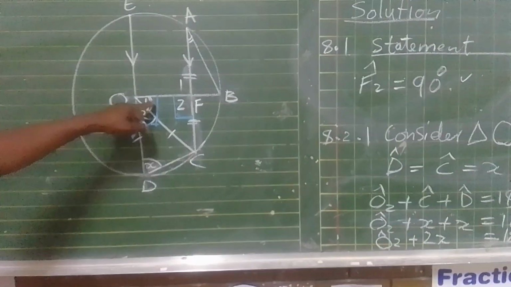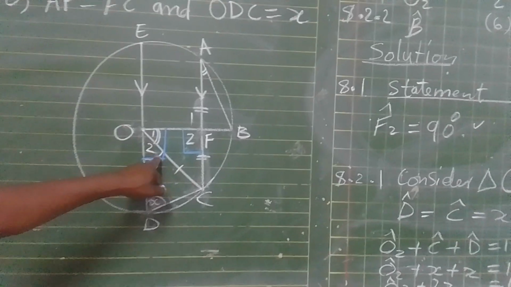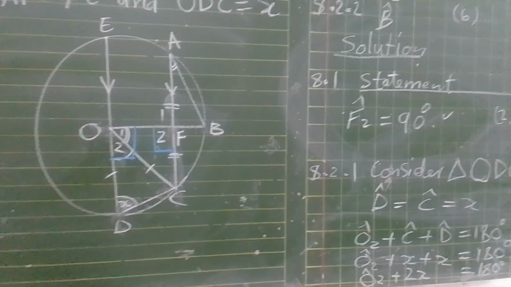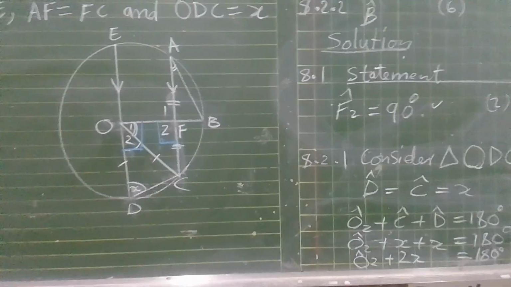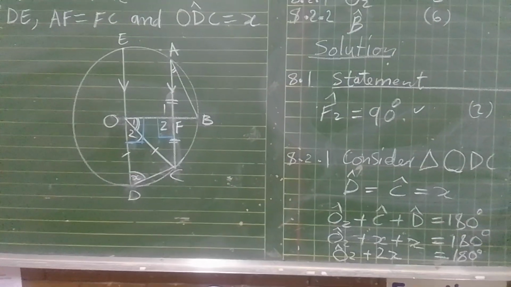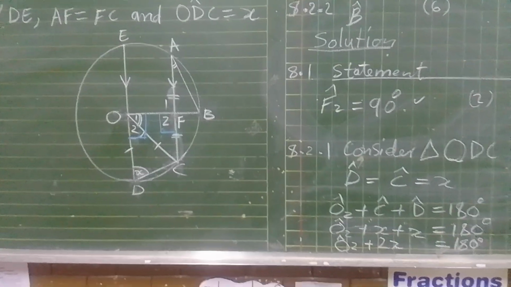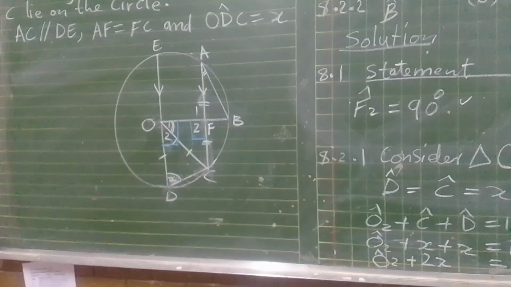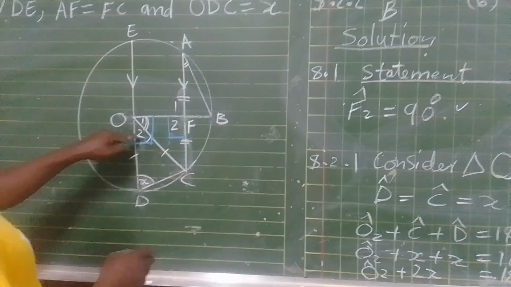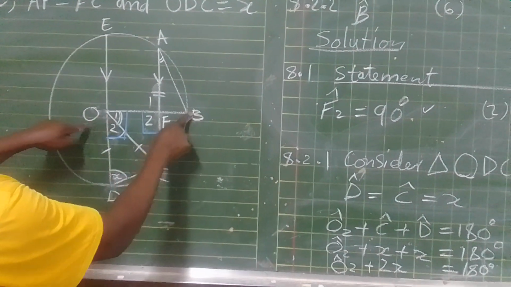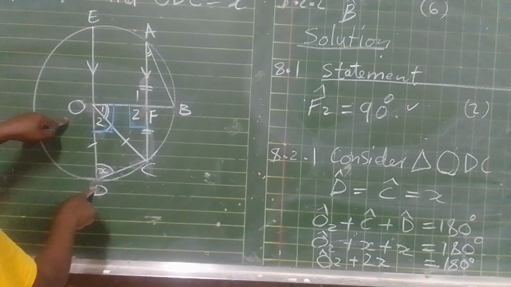This one we don't know, but we are going to find out the relation between the two. Let's say angle F2 is equal to angle BOD.